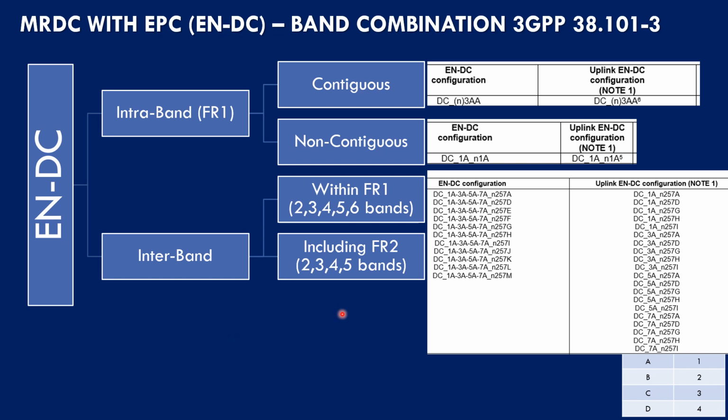The next category includes FR2. The first one was within FR1, where EUTRA was also FR1 and NR was also FR1. Here the EUTRA or LTE layer can be FR1 and the NR layer can be FR2. It is configured as mentioned here. We can see the number of bands. In this case, there are a total of 5 bands, and it can also have 2, 3, 4 or 5 bands.